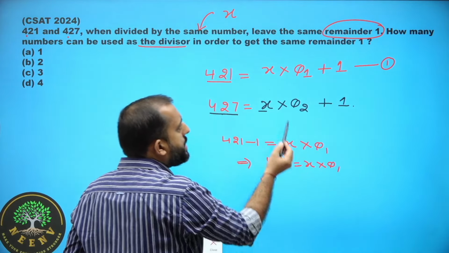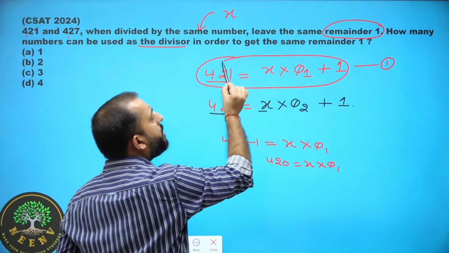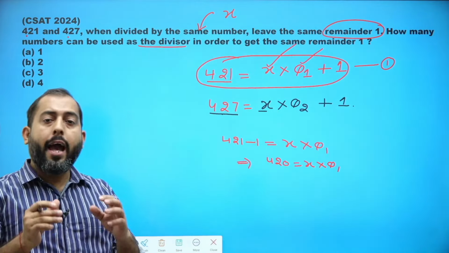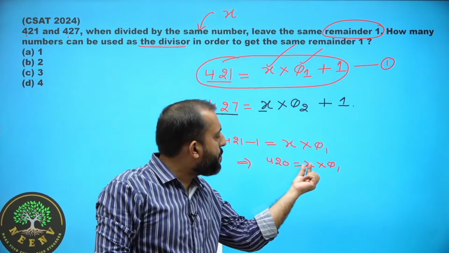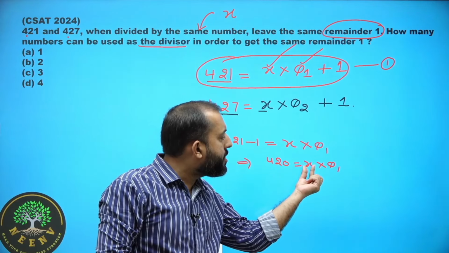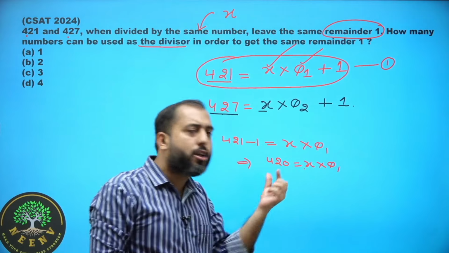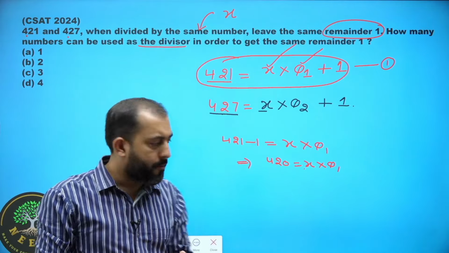Now, since we have used the remainder here, this x and this q would be integers. So 420 is the product of two integers, one of which is x, another is q1. So definitely x should be a factor of 420, or divisor of 420.